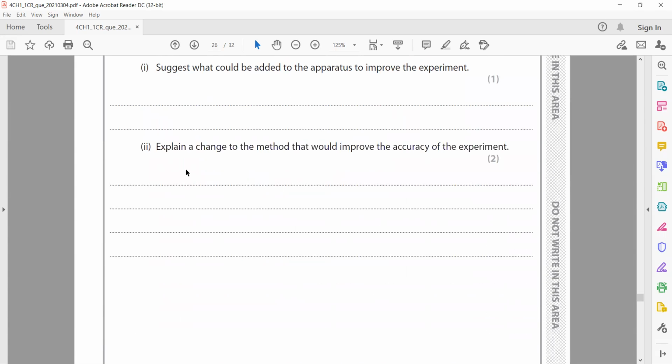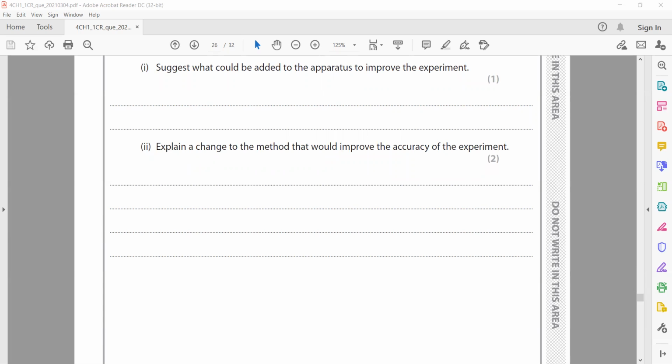Explain a change to the method that would improve the accuracy of the experiment. Instead of directly recording the maximum temperature, the student should mix and stir the solution and then record, so that there is uniform transfer of heat throughout the mixture and we'll have a more accurate temperature reading.